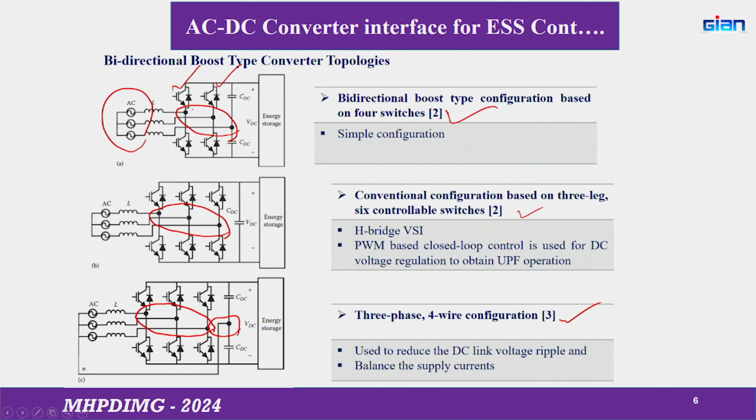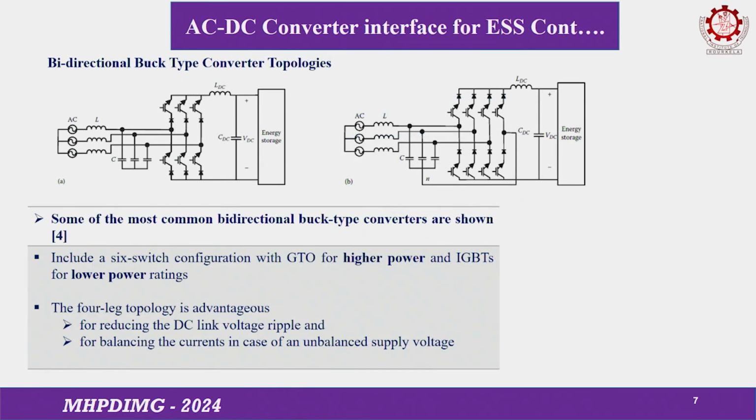So, these are the topologies which are used for this AC to DC power electronics converter. In the buck type there may be some other topologies also, but I have shown some topologies which are normally in use for interfacing this AC grid with the energy storage.